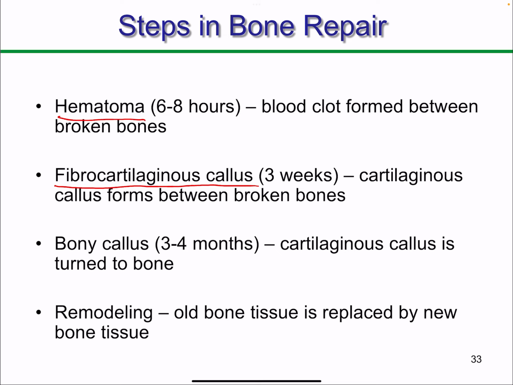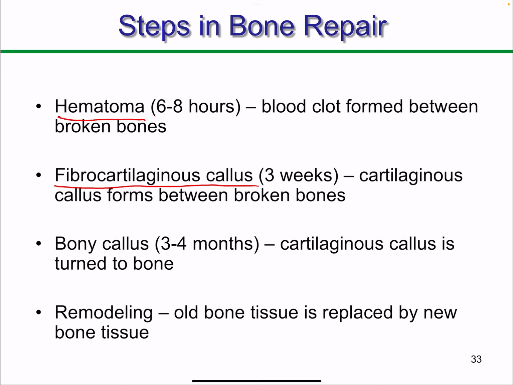That cartilage was made possible by chondrocytes, right? These chondrocytes are going to be progressively replaced by osteoblasts. So osteoblasts are going to come and replace these chondroblasts and convert cartilage into fibrocartilage into bone, right?